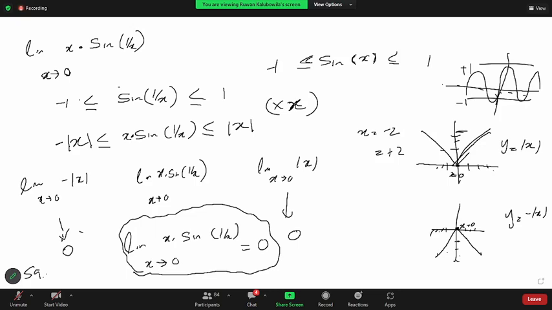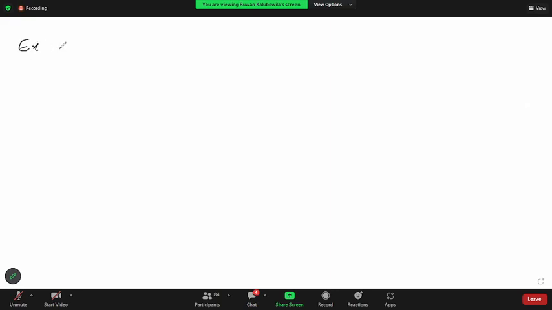Okay, I will give you a last exercise. Solve this one. Limit when x approaches 0. Your problem is 2 minus cos 3x minus cos 4x, divided by x.